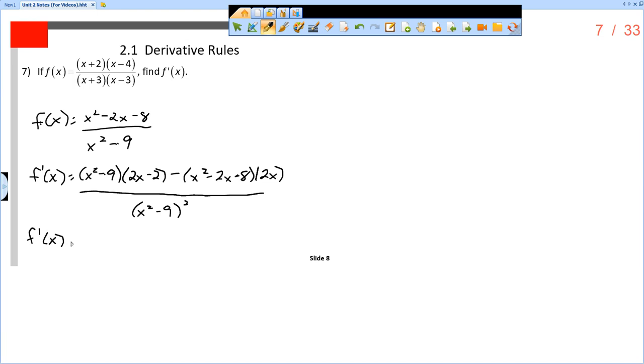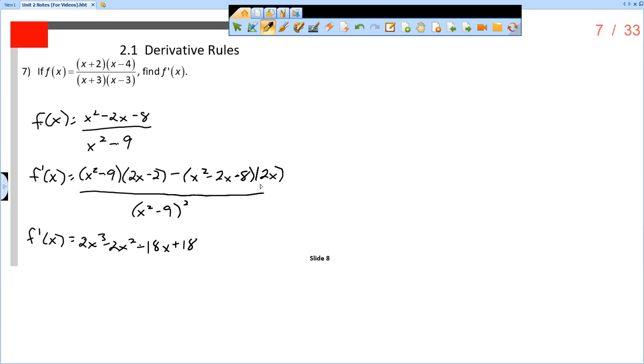I need to multiply this out, so x squared times 2x, so 2x cubed minus 2x squared minus 18x and then plus 18.